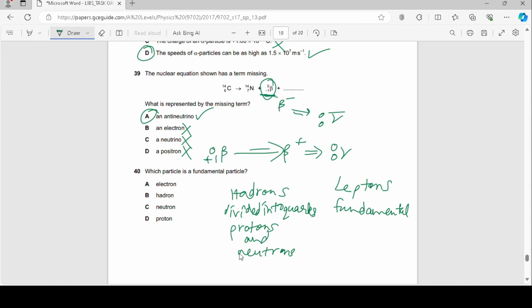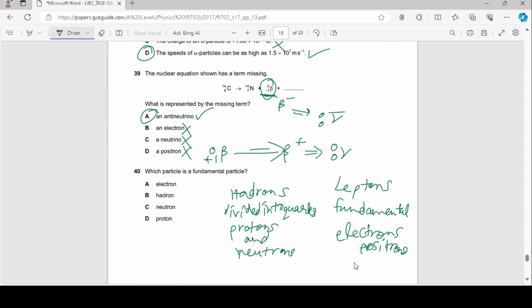I don't know how much more there is in particle physics, but in leptons you would have the fundamental particles, which are basically the electrons and the positrons, and neutrinos and antineutrinos. Sorry, I reversed.